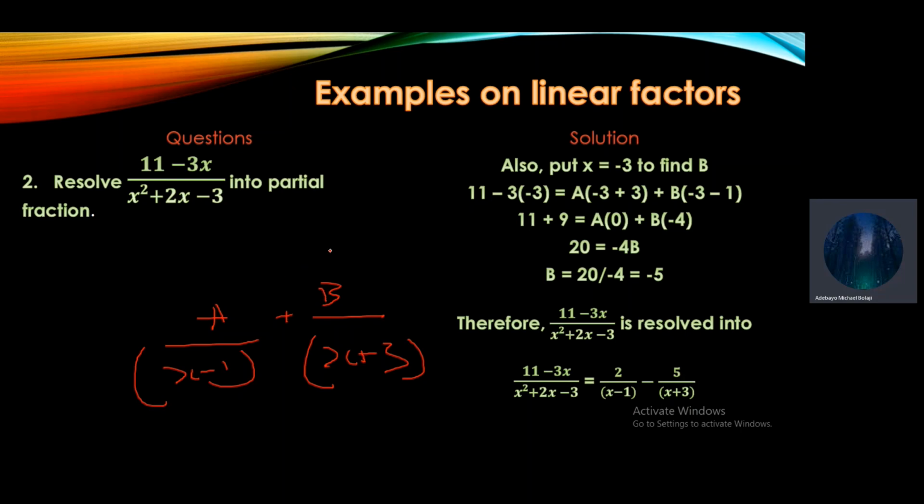So it will be plus minus 5. And plus times minus will give us minus. That's why we have 2 over x minus 1 minus 5 over x plus 3. So we successfully resolved this fraction to give this partial fraction.